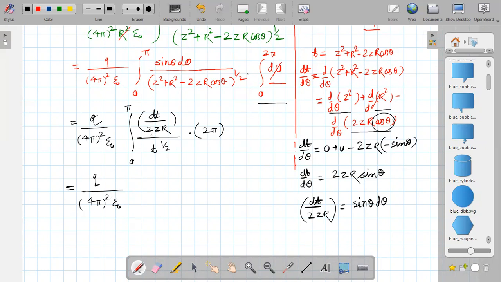In this case 2zr is a constant, into 2 pi is again constant, take outside, and we can write 0 to pi t raised to minus half dt.